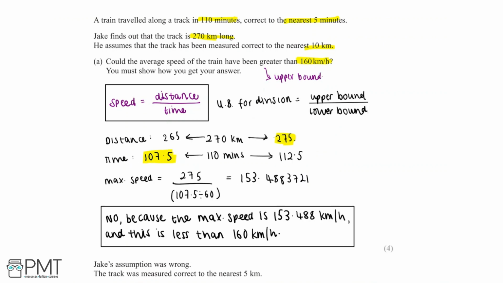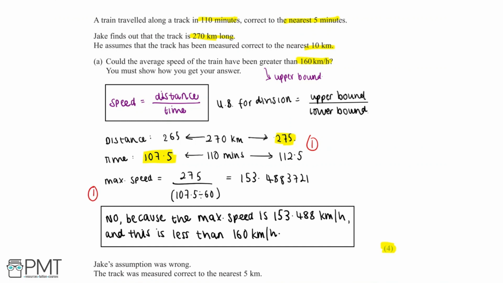Now part A is worth 4 marks, so let's take a look at where these marks are allocated. The first mark is for a process to find both the upper and lower bounds for the distance and for the time, which we've shown clearly in our working. The second mark is for a process to find the speed by dividing the distance by the time.